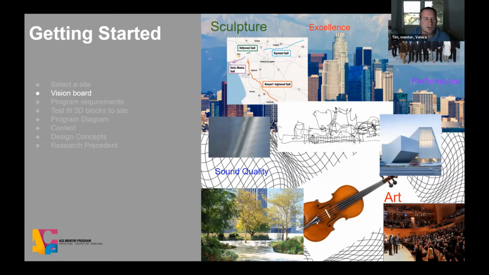It could be another piece of architecture, it could be a sketch, it could be an object, it could be words, the map, the area you're in, an image of the city you're in, or like the image in the lower right, an activity that just inspires you to think about how the building or buildings should come together.